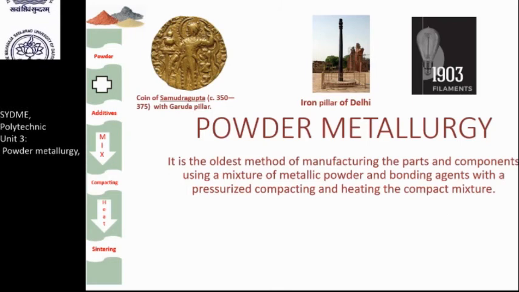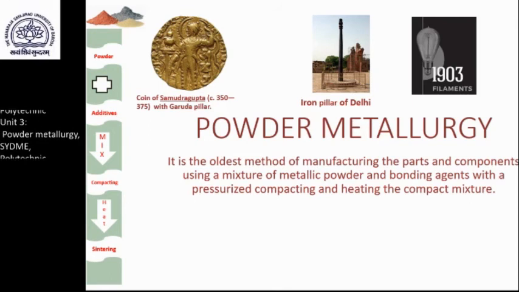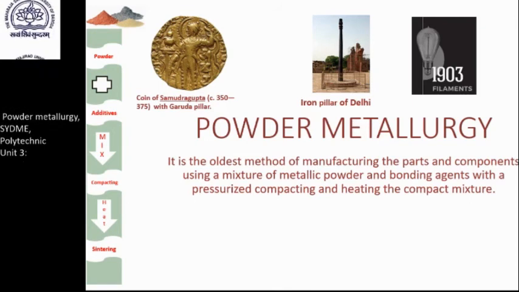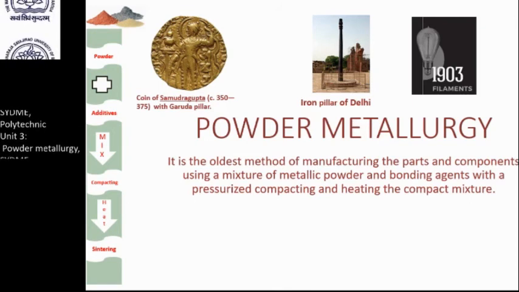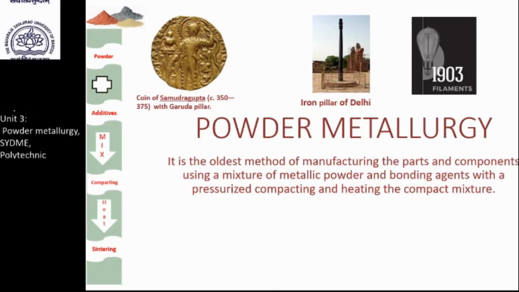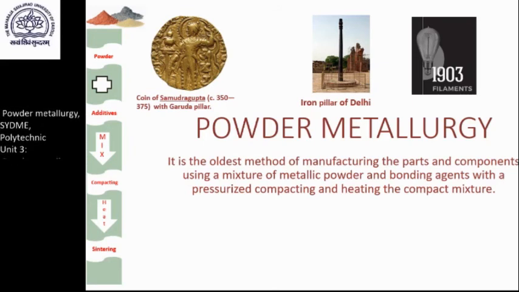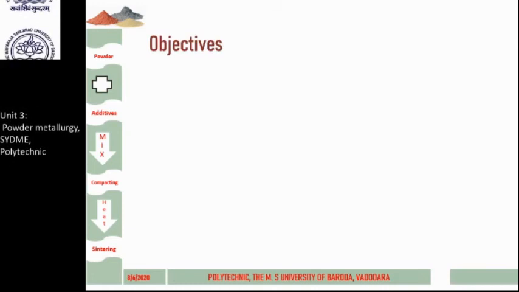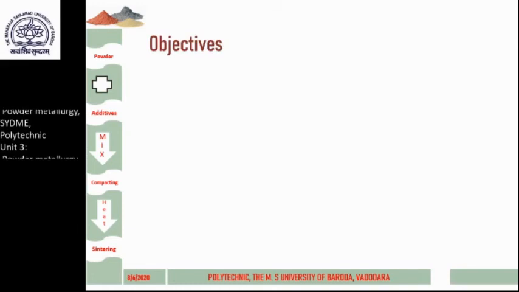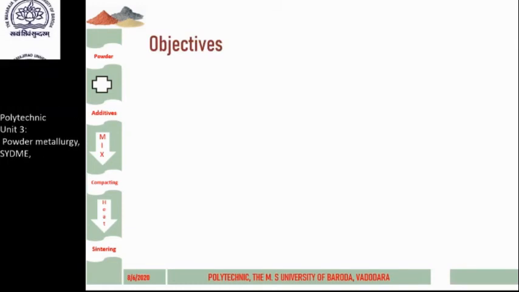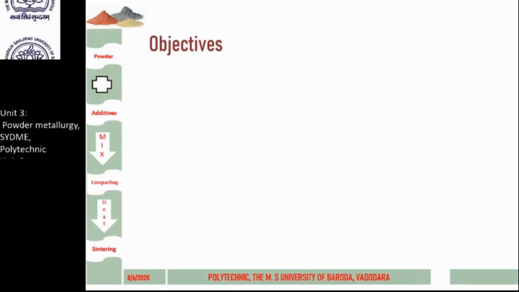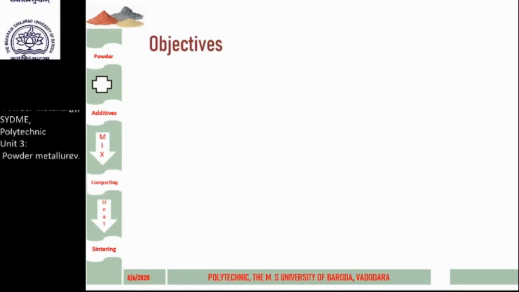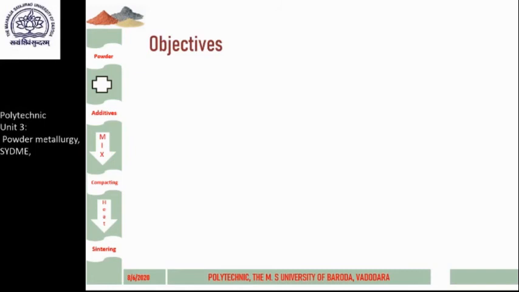Okay, so I hope this introduction gives you a brief idea about what powder metallurgy is all about, right? Whenever we are studying any subject or topic, there is an objective and always a why comes. Why do we study this? Why do we do this? What are we going to get out of this?